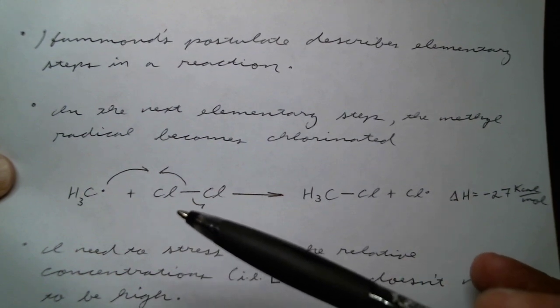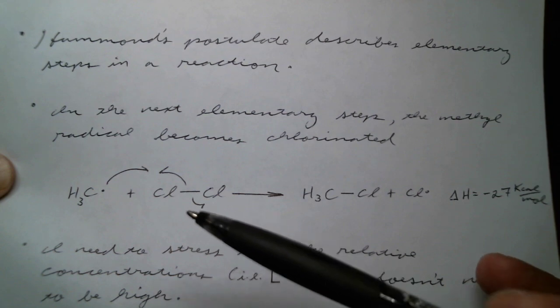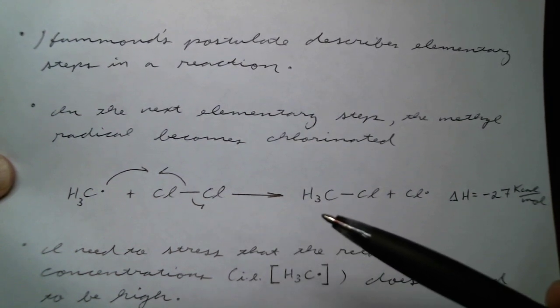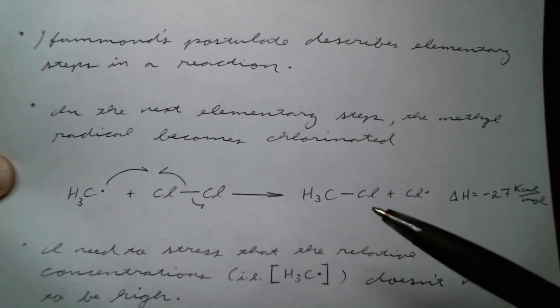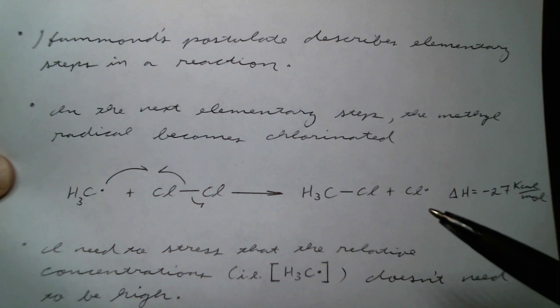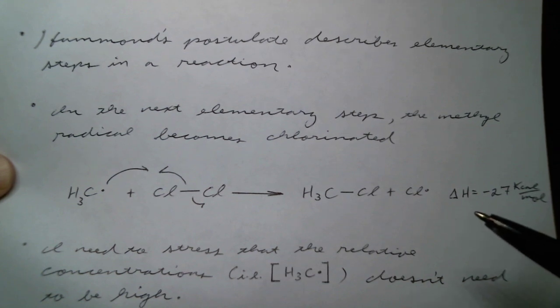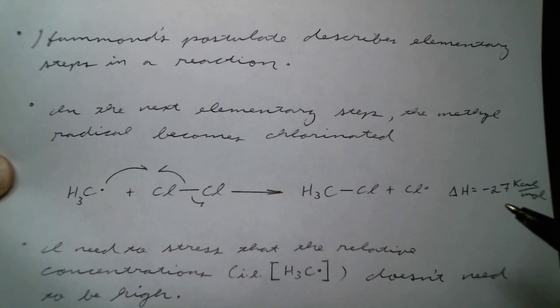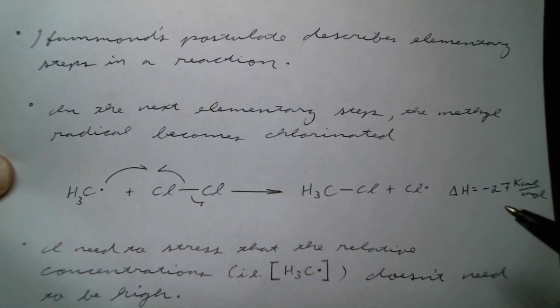Well, it abstracts a chlorine. It breaks the chlorine bond. We form the methyl carbon-chlorine bond, and we regenerate a chlorine radical. And so the change in enthalpy for this elementary step is minus 27 kcals per mole.